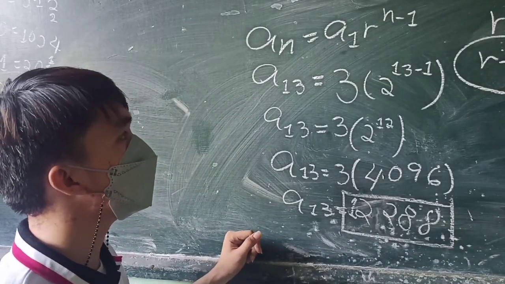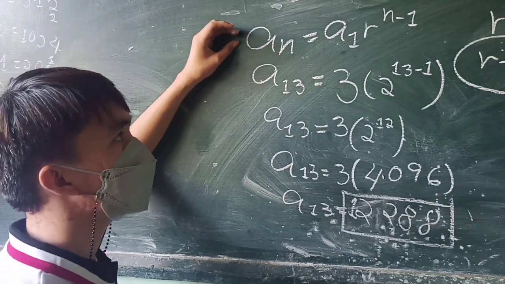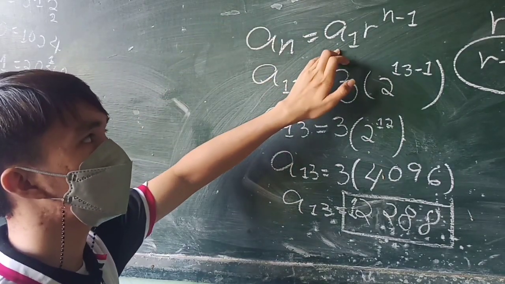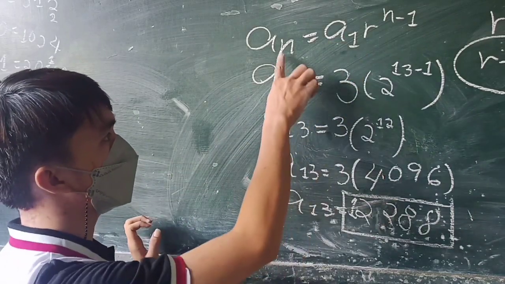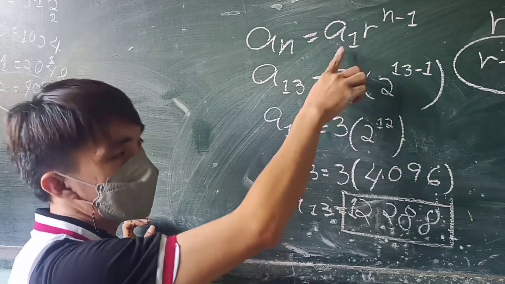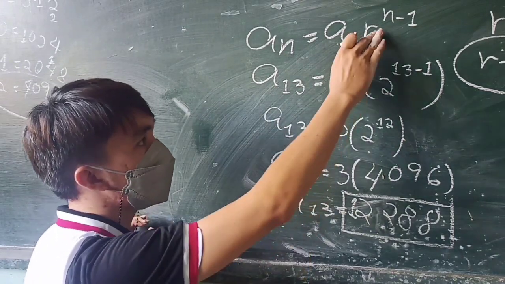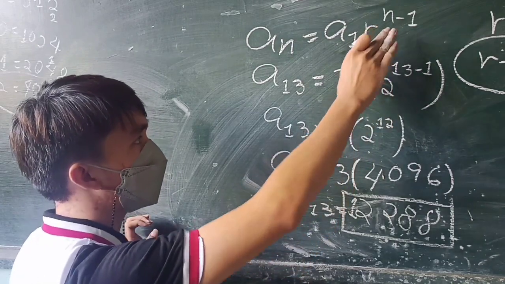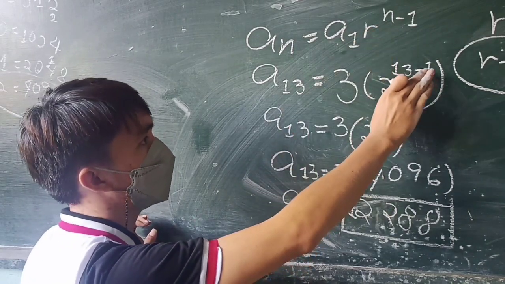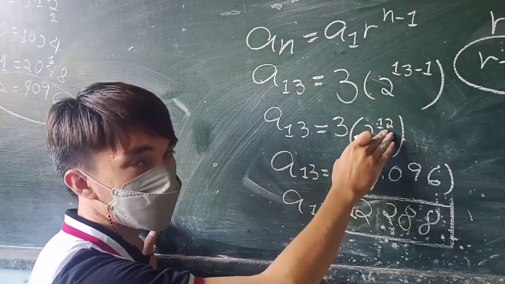Now, for the 13th term, the same formula: a sub n equals a sub 1 times r raised to the power of n minus 1. We are looking for the 13th term, so a sub 13 equals a sub 1, as we all know, it is equal to 3, with the common ratio 2, then n, the number of terms, we have 13 minus 1. 13 minus 1 is equal to 12.